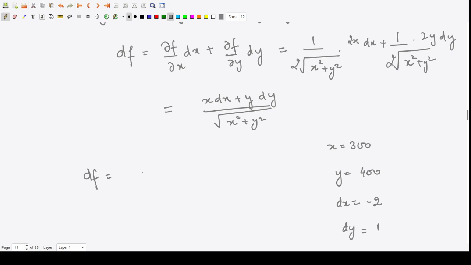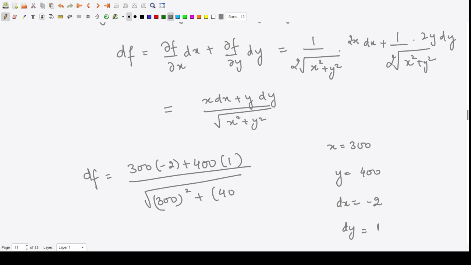Therefore your df becomes 300 into minus 2 plus 400 into 1, divided by square root of 300 square plus 400 square. So what is this answer? This comes out to be minus 0.4.